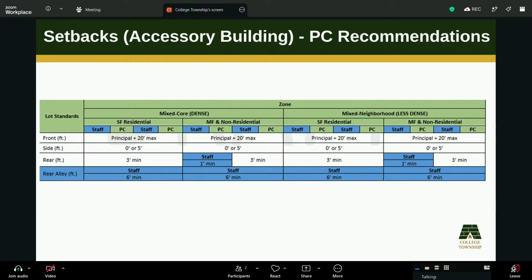Next, we just have the setbacks for accessory buildings. We didn't go into this a whole lot. There is a little bit of difference between staff and PC's recommendations on the mixed-family non-residential in terms of rear setback. DPZ's recommendation was 1, and that's where staff approached it from, and PC's recommendation was 3. Again, this is for accessory buildings on a lot.